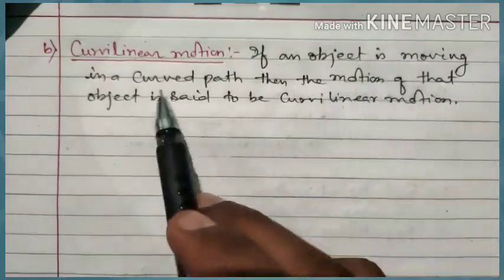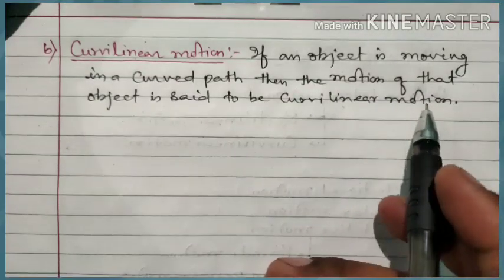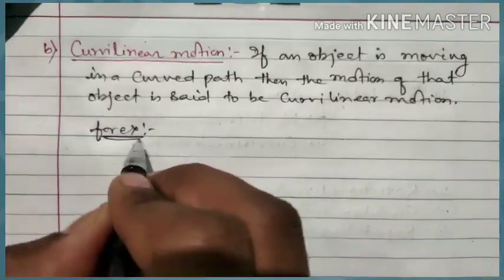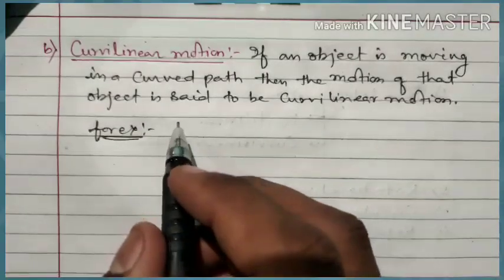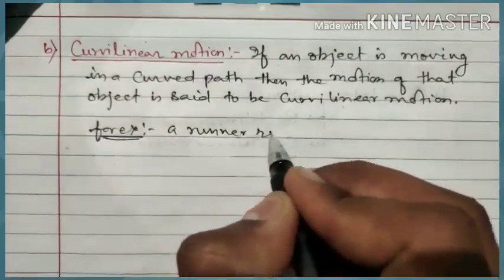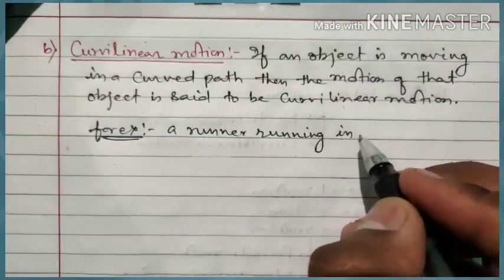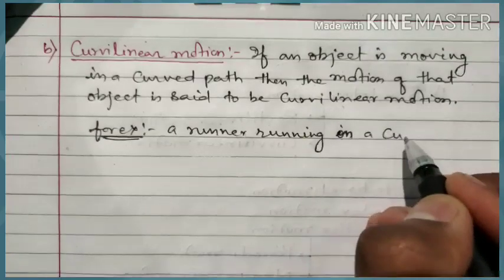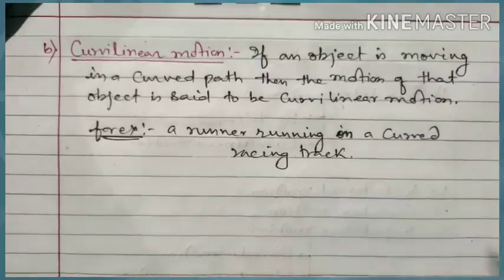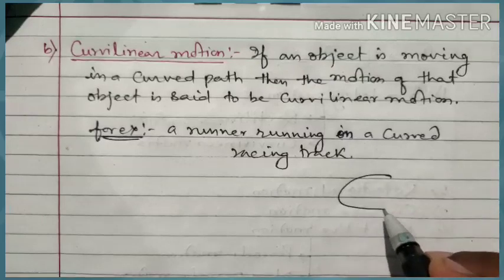If an object is moving in a curved path, then the motion of that object is said to be curvilinear motion. Let us see some examples of how an object moves in a curved path. Like a runner running on a curved racing track. A runner or an athlete who runs on a curved racing track.